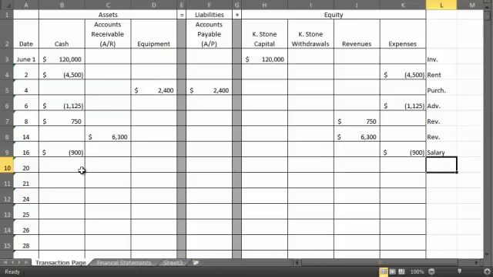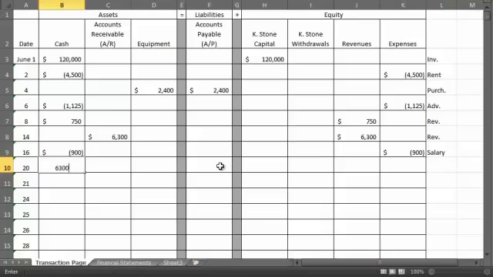On June 20th, it says the company received $6,300 cash payment for services completed for City Center on June 14th. So what they're telling us is that our customer here, who we provided the service for on credit originally, is now paying us.